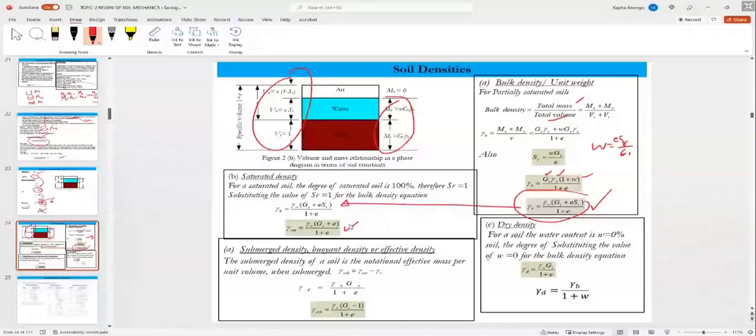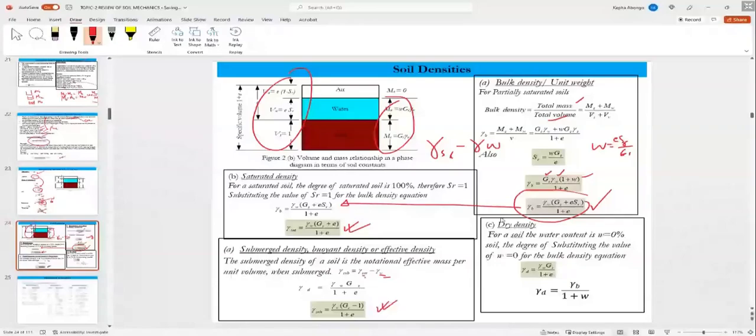The submerged density is the case where the soil is submerged in water. What will take the pressure is the soil skeleton. Subtract the density of water, so it's saturated density minus density of water. Rearrange things, and that gives you the final equation.